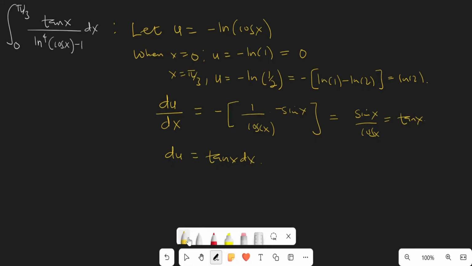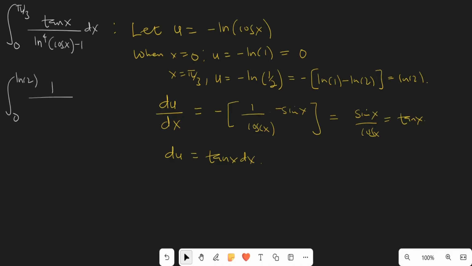Now we can take our integral from the x world into the u world. So that's going to be the integral from 0 to ln of 2 of 1 all over ln raised to the power 4 of cosine of x minus 1, but u was equal to negative ln of cosine of x.